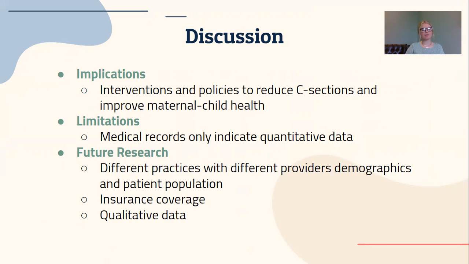The primary limitation of this study is that the data excludes qualitative data, as only medical records were examined. So future research should focus on different practices with different provider demographics and patient population, and the influence of insurance coverage on delivery mode. And further research should also attempt to include patient and provider qualitative data.